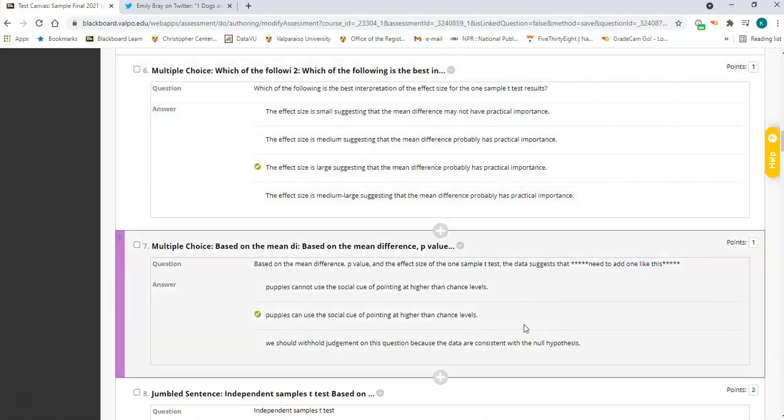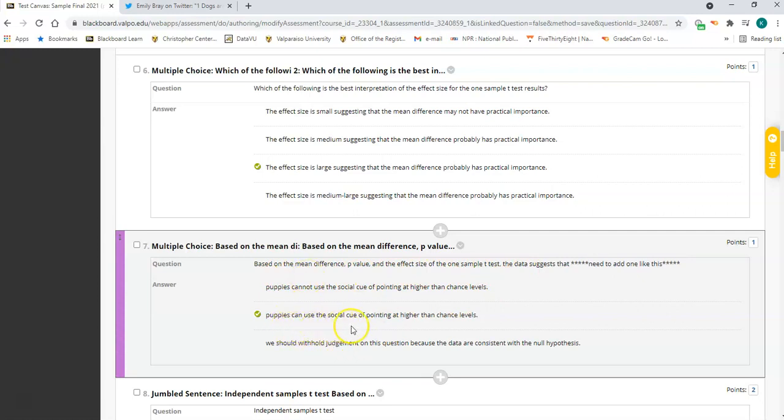Okay, next one. Based on the mean difference, p-value, and effect size, what's your conclusion? I need to take that out. That's a reminder to me that I need to add questions like this on your actual final. So that might be a clue that, yeah, you're going to have to know this. Okay, so based on all of this statistical information, what's the best answer?